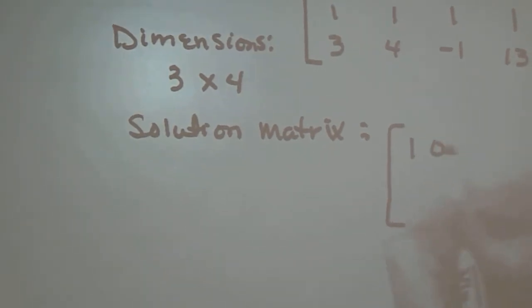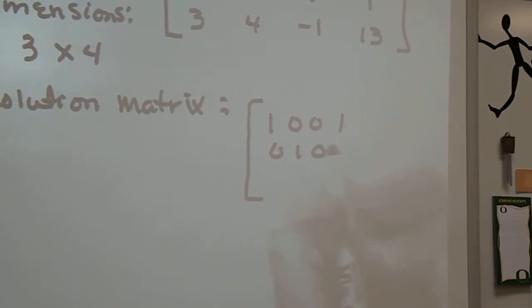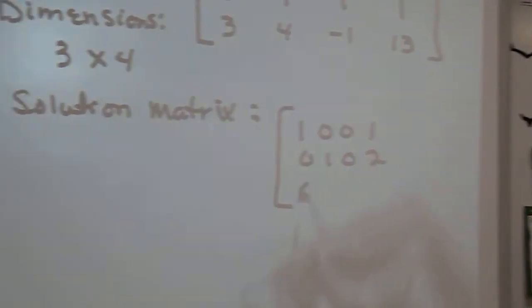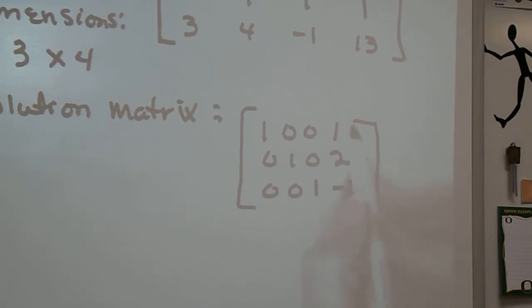We get 1, 0, 0, 1, 0, 1, 0, 2, 0, 0, 1, negative 2. And once again, if we put our x, y's, and z's in the proper order, with x first, y second, and z third, the solution will be x, y, and z.